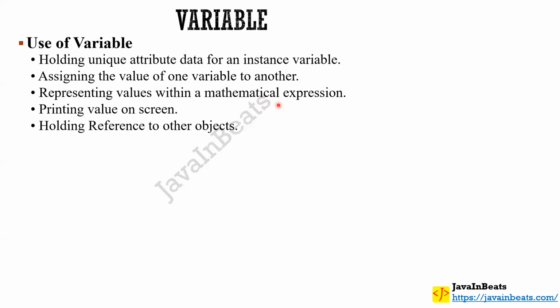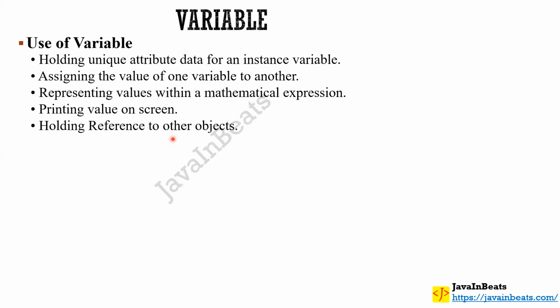So if you want to do any calculations, you can store your values inside variables and use them in a calculation. You can print these values on a screen as an output, holding a reference to another object. These are a few uses of the variables.